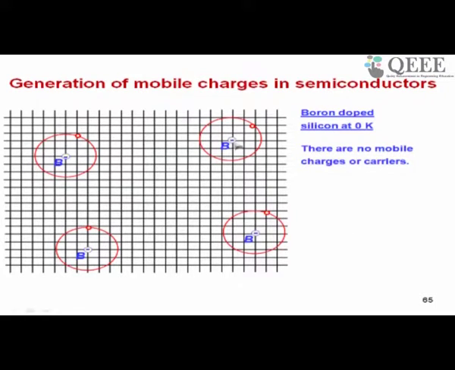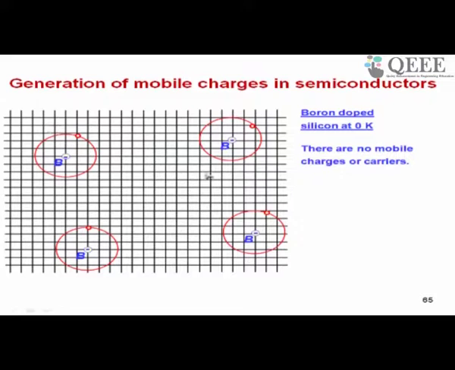So you can see here that the broken bond is being shown as a hole because it is like a vacancy. So you can regard a boron atom as a negatively charged nucleus, because when a boron atom takes an electron from silicon, it gets negatively charged; without the electron, it has 3 electrons in the outermost orbit, it is neutral. If it gets an additional electron, then it becomes negatively charged.